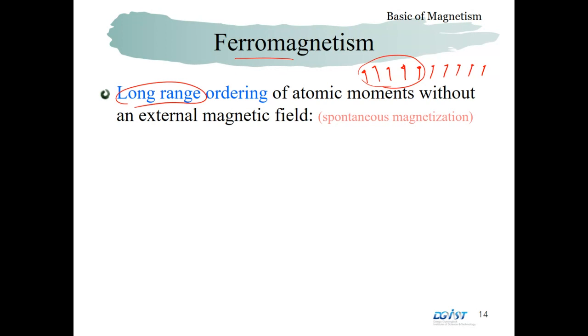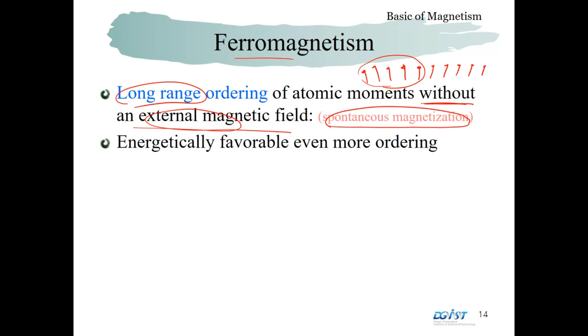And that can happen without an external magnetic field. That's called spontaneous magnetization. It may not sound so strange, but if you think about entropy, nature prefers the disordered state, not the ordered state.